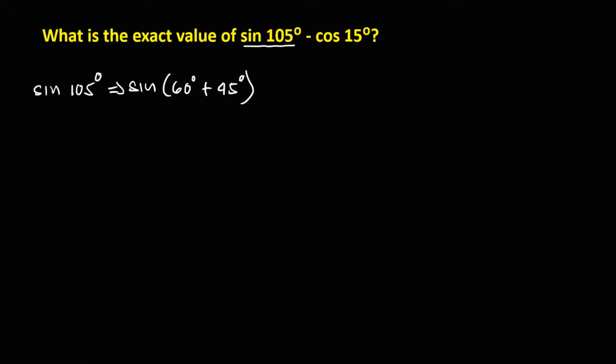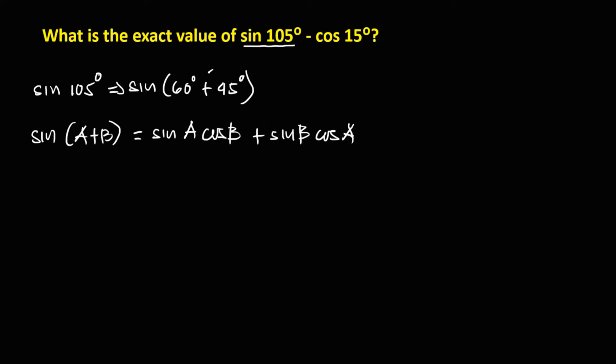So from the sum and difference identities, since this one is plus, we use sine of a plus b, which is equal to sine a times cosine b, then plus sine b times cosine a. So from this given, this is a and this one is b.